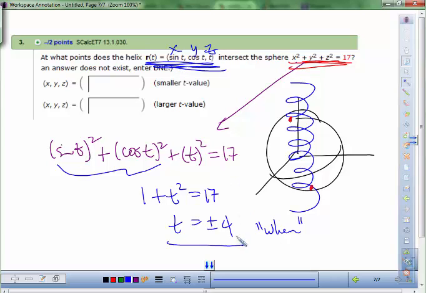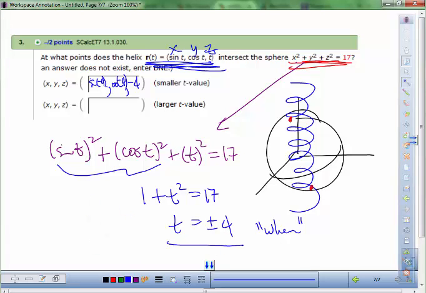The smaller t would be -4, and that's the z component right here. And then we want to put cosine of -4 and sine of -4. Then we want to put the other point, t is equal to +4, for our values.